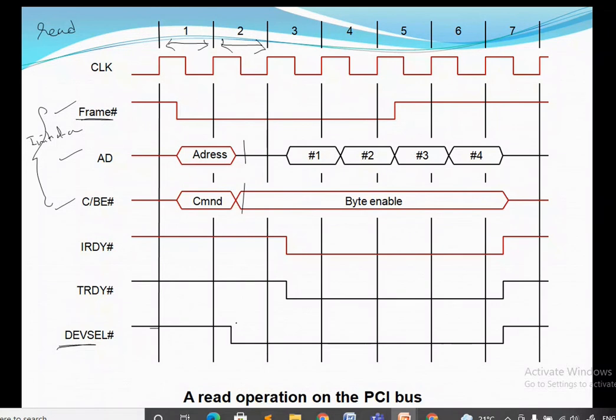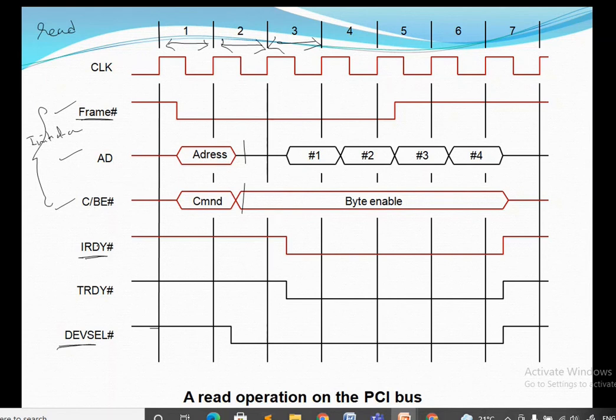it also asserts a signal indicating that the target is selected. Now we'll go to clock cycle 3. So what happened in clock cycle 3? Now the initiator asserts, and asserting means it is going to activate a signal called IRDY.